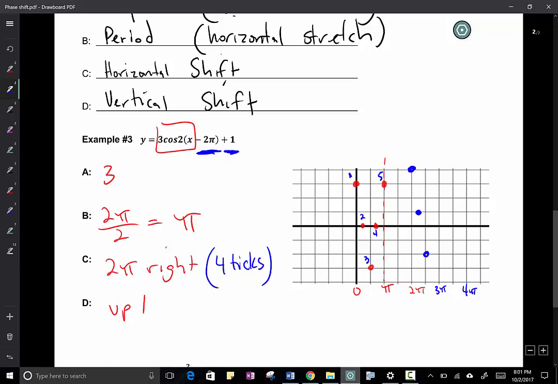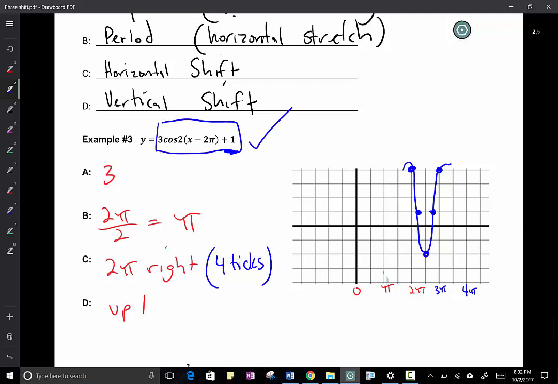And then point 5. 1, 2, 3, 4, and 1 up. And there is my new graph. I can erase all this because that was just to help me graph. And voila. We just graphed 3 cosine 2 times x minus 2 pi plus 1.